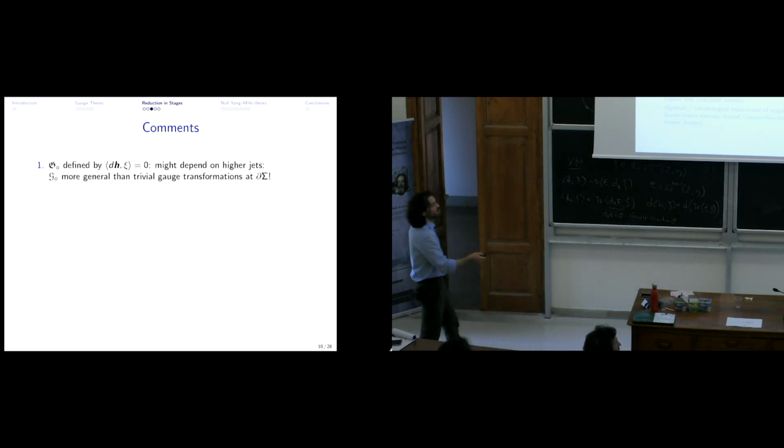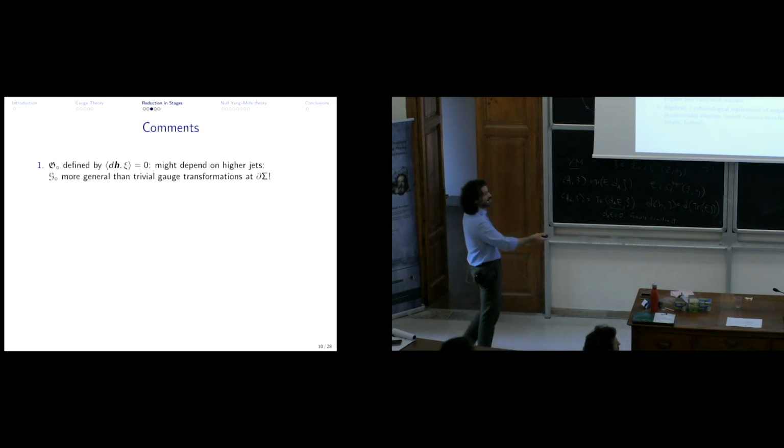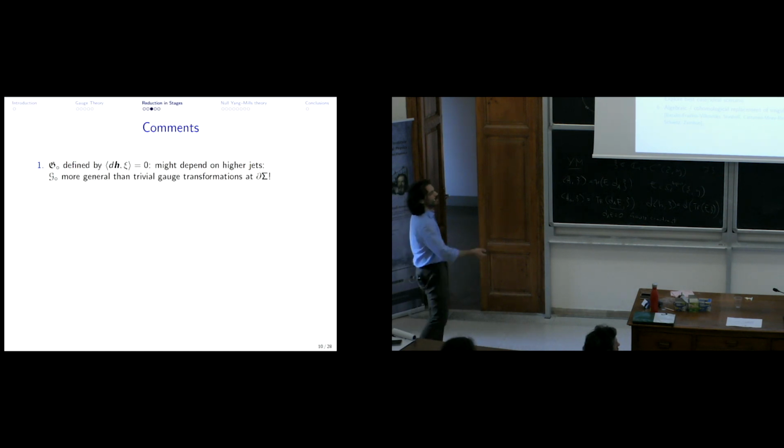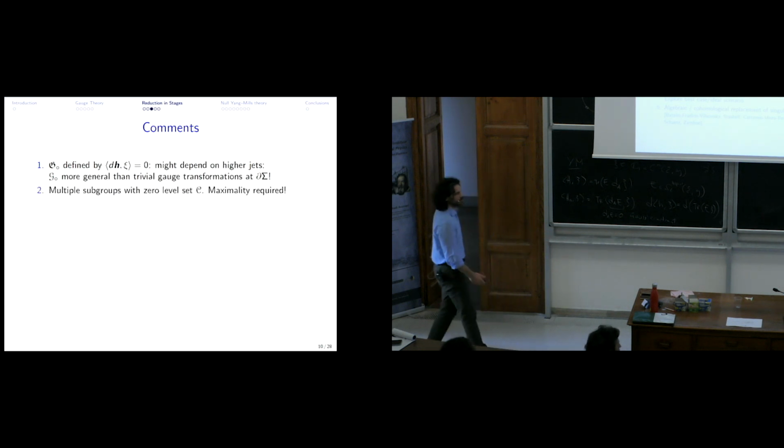And then, well, I will have some condition for G naught. So G naught is more general. So the G naught that always works, so to speak, is more general than just trivial gauge transformations at the boundary.